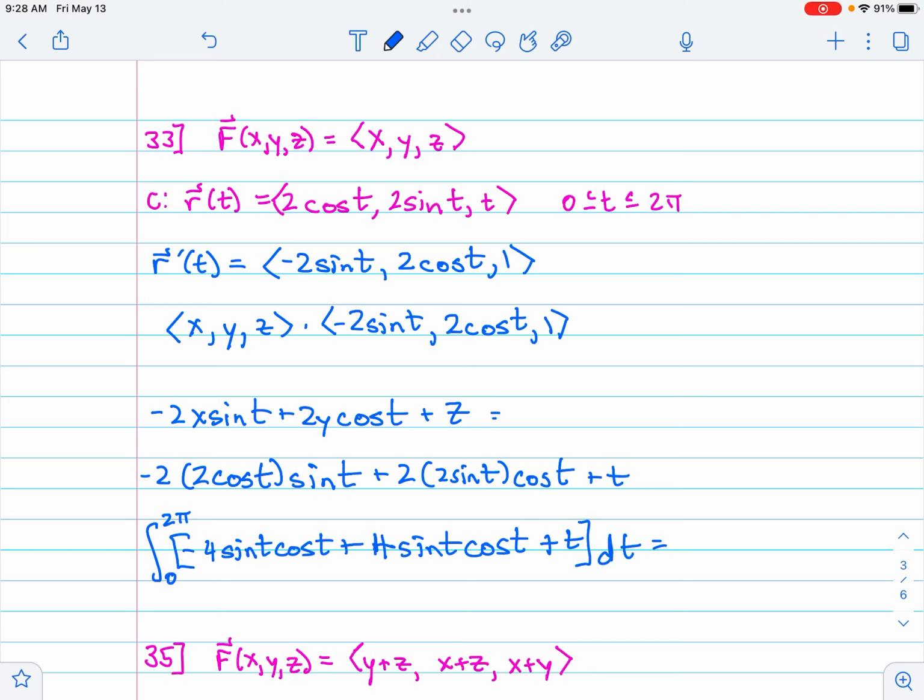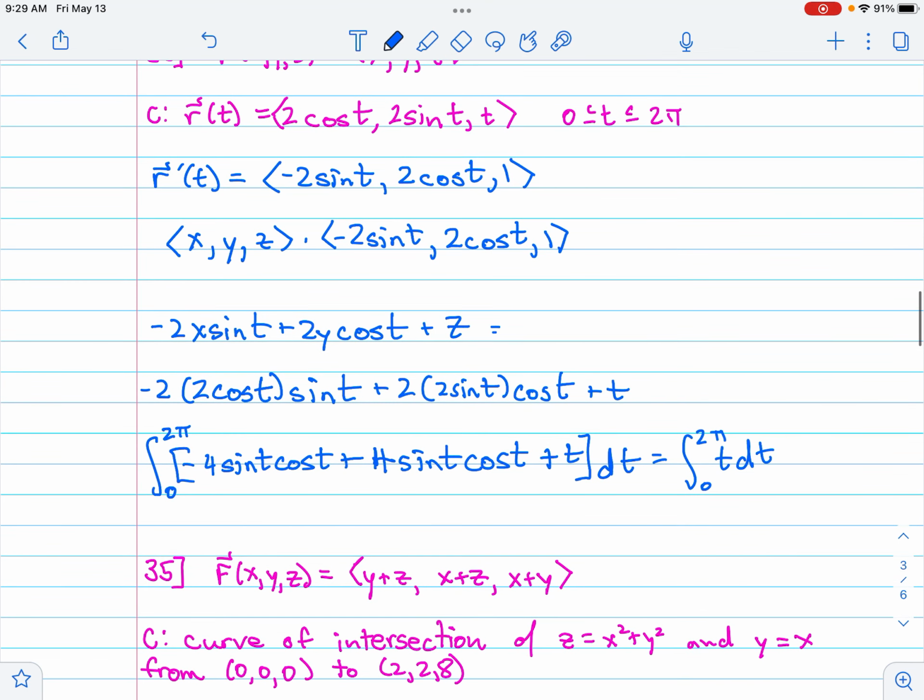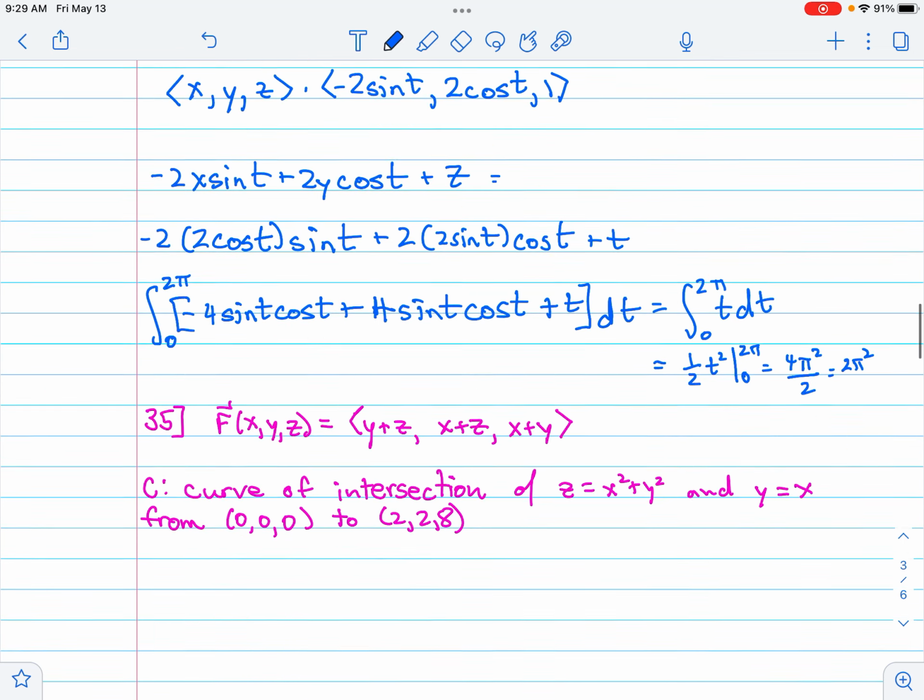And it looks like what we've got then is just the integral from 0 to 2 pi of t dt. That's a simple one to integrate. We just have 1/2 t squared from 0 to 2 pi. So that's going to be 4 pi squared divided by 2, which is 2 pi squared. Yeah, that's all there is to that one.